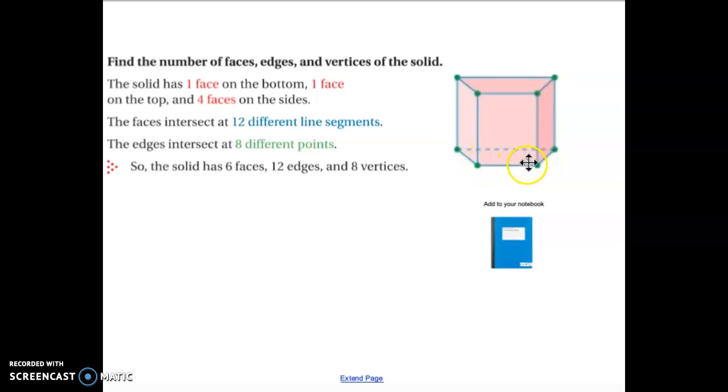Each one of these lines between the green dots is an edge. The edges meet at different points, and those are the vertexes. So it has 8 vertexes, 1, 2, 3, 4, 5, 6, 7, 8, and it has the 12 edges. Each line is an edge.